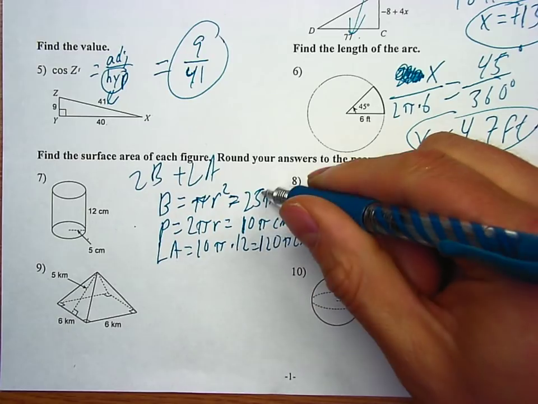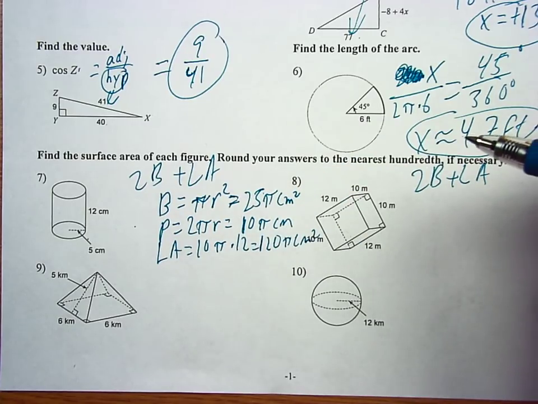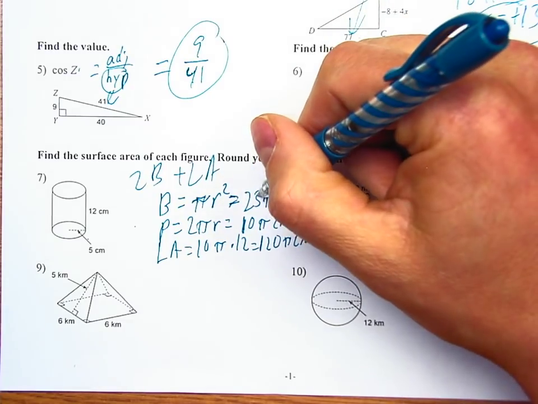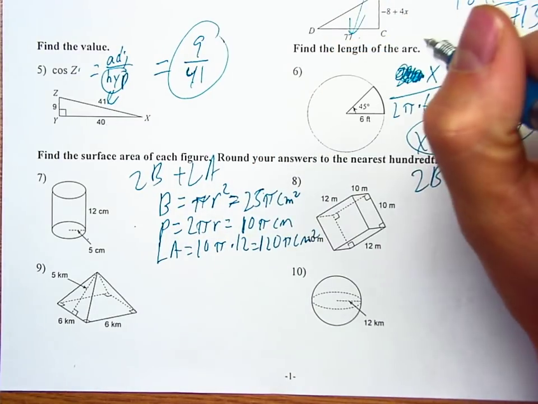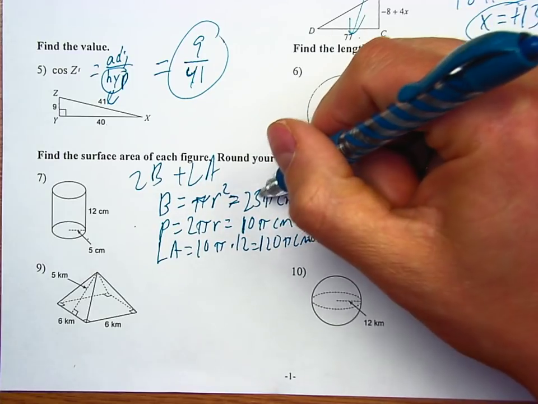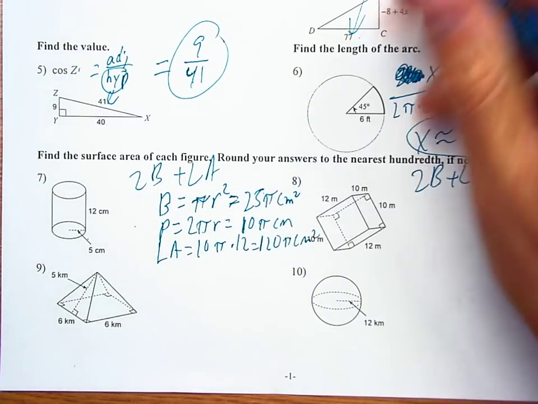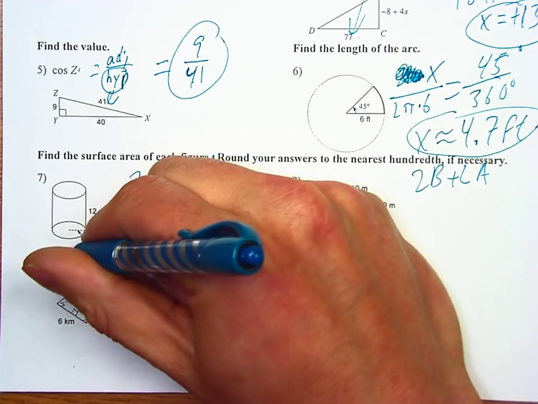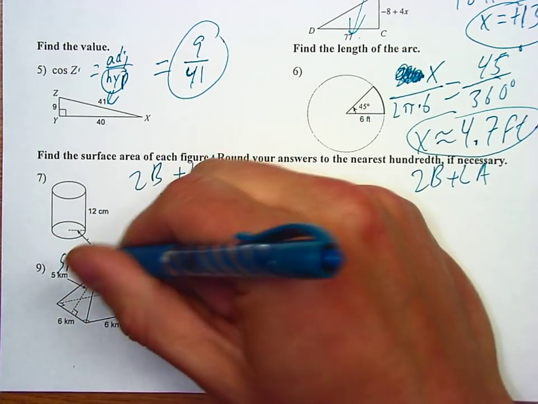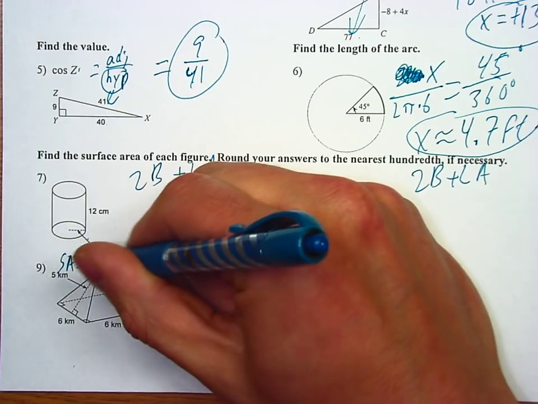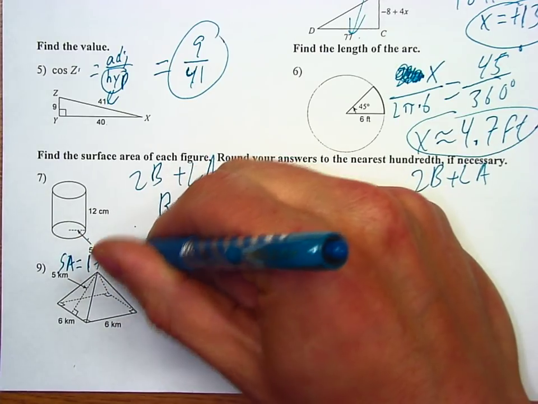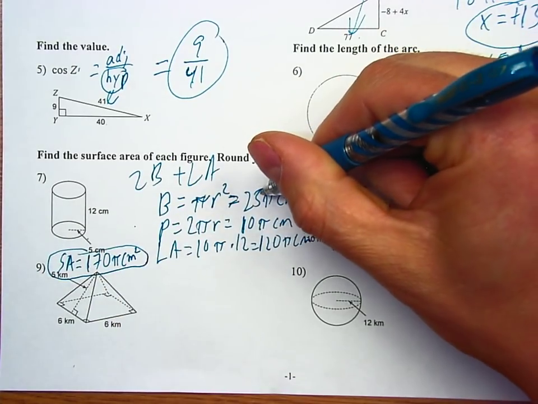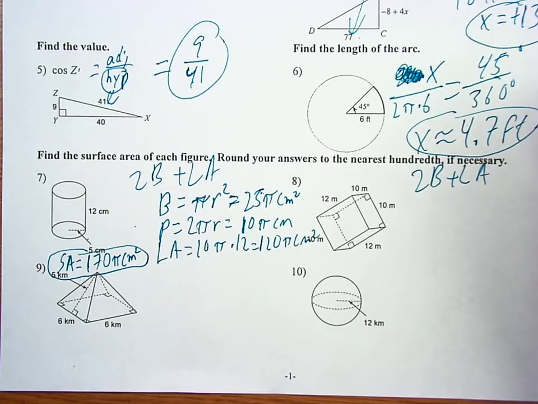I'm going to add these two together to get the surface area. 2 times 25 plus 120. I'm going to double the base and add the lateral area. So 170 pi. You can give me the decimal approximate as well. So I did 2 bases, 50, plus 120.